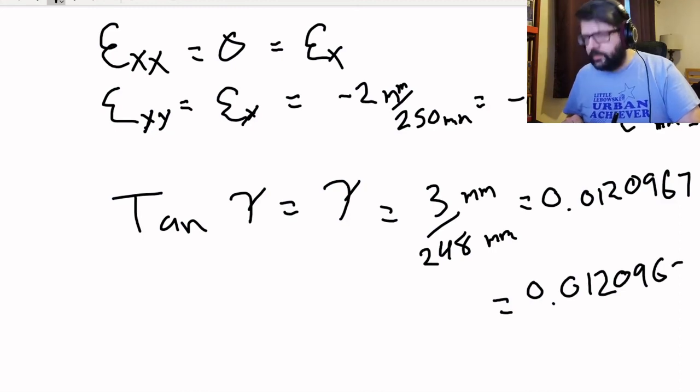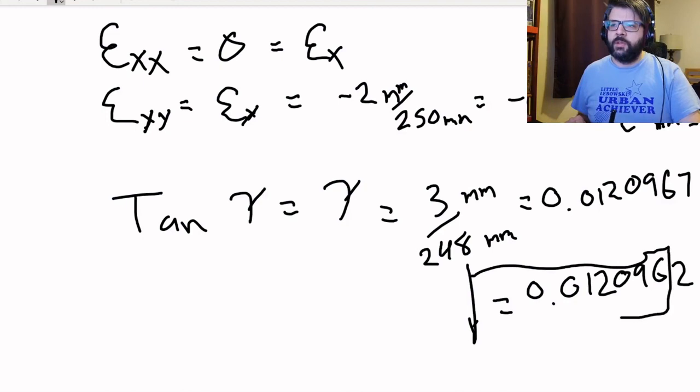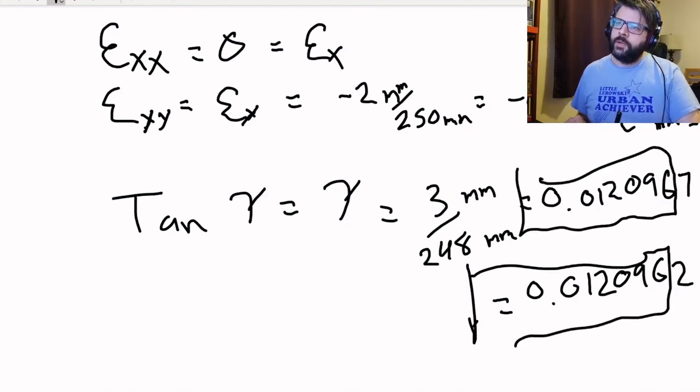We finally got to a 2 instead of a 7. So the small angle approximation is perfectly valid out to, what do we got here? 1, 2, 3, 4, 5, 6 digits. So, that is accurate enough for the vast majority of your applications.